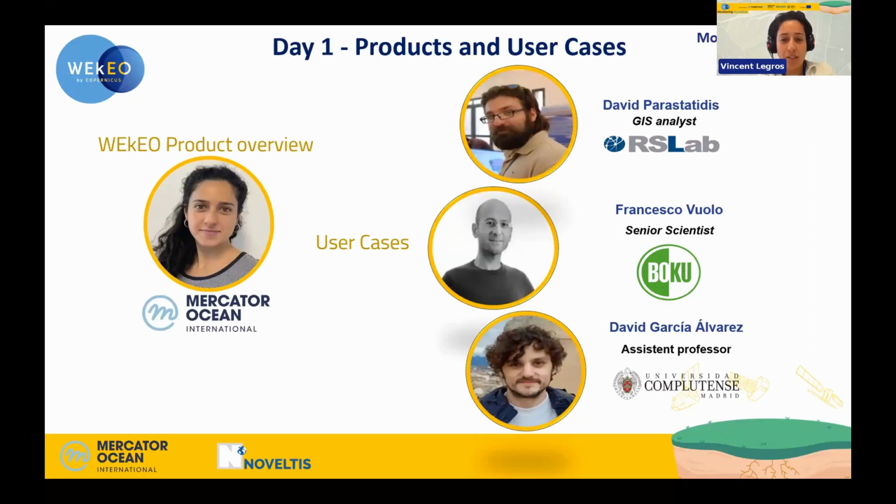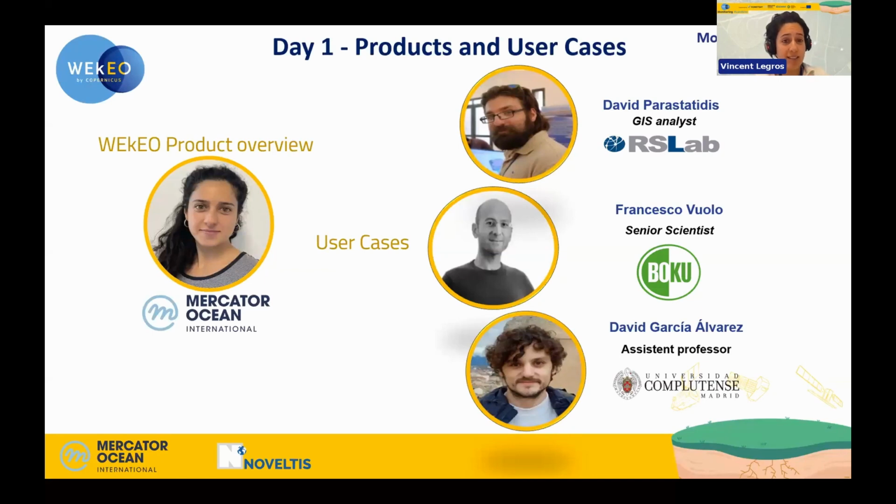And now I will introduce you to the agenda, the program we have for today. As I said, we will be looking into what WEkEO can provide in terms of land monitoring studies. I will be your host for today, and I will also give you a short overview of the WEkEO service and the products you can find. And then we will have three very interesting use cases.